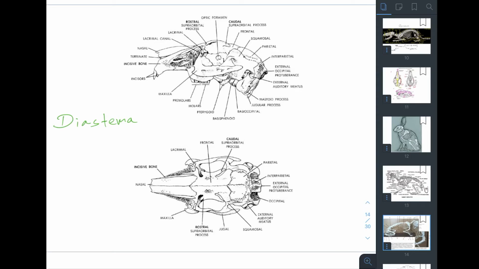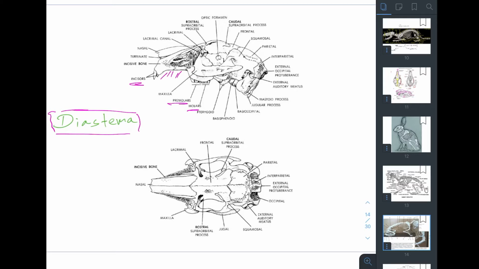What we notice immediately is that we have a set of incisors in the front, and we have premolars and molars in the back. And in between, we have a gap of no teeth, and this is called a diastema, which is a characteristic morphological feature in herbivores.